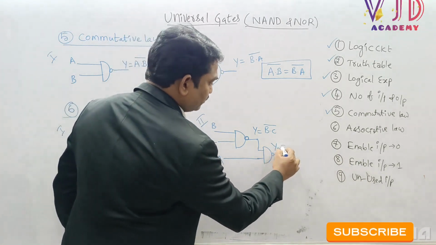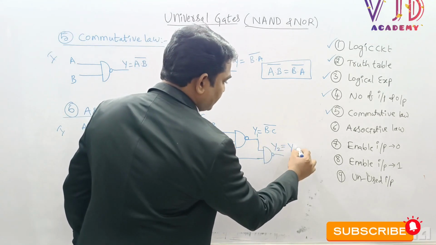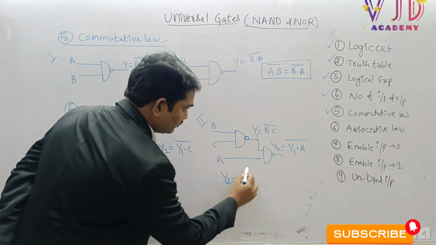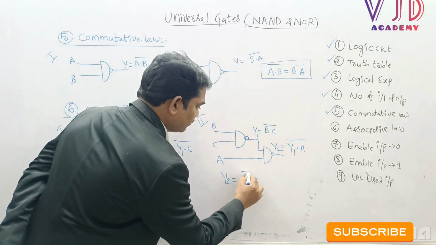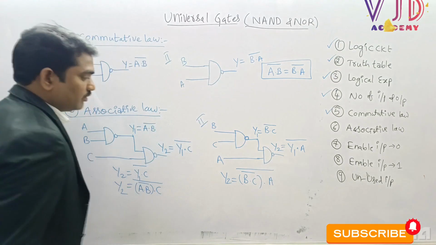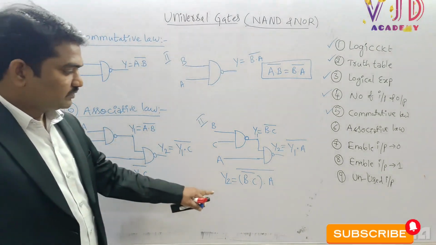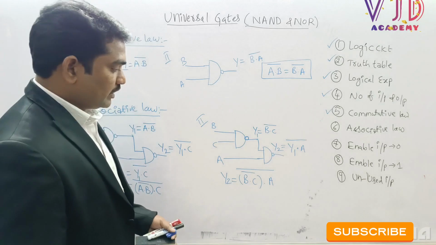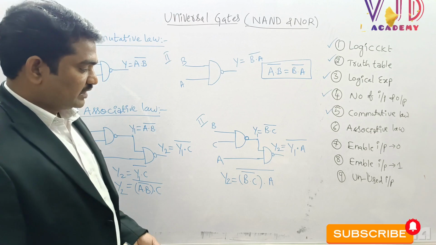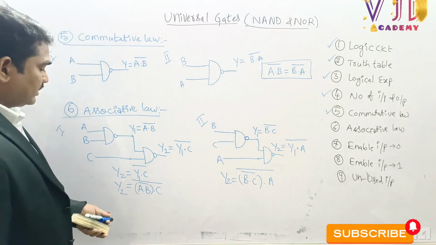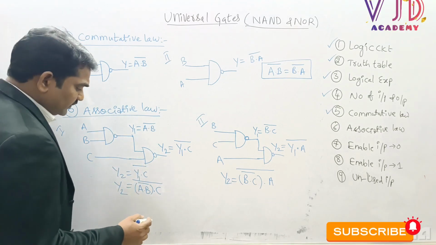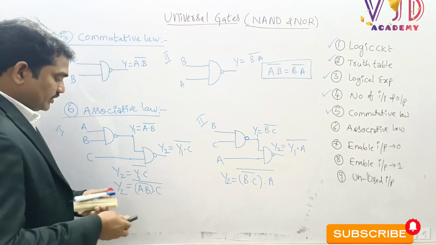Here y2 equal to y1 into A whole bar, so y2 equals B into C whole bar into A whole bar. Now if this y2 and this y2 are similar, when we draw the truth table for these two logical expressions, if the truth table is similar, then we can say that the NAND gate is also following associative law.